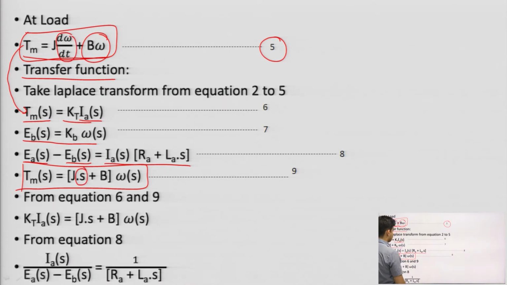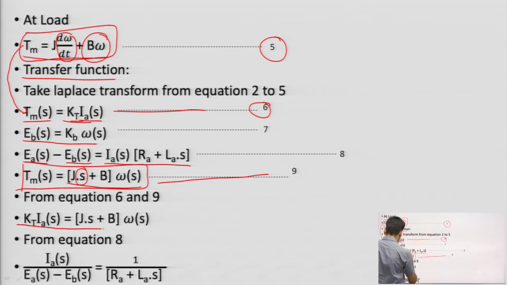So, from equation 6 and equation 9, if I equate them, this torque is the same. So I can equate this term to this equation and I will get this expression. From here I can get this relation if I rearrange the variables. Here this becomes a transfer function where I a of s is the output and E a minus E b is the input quantity.